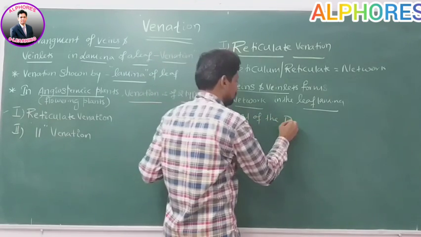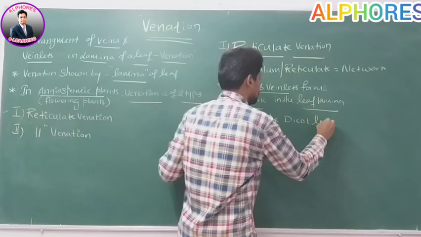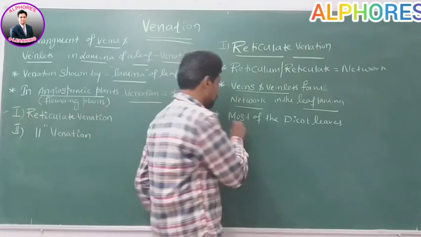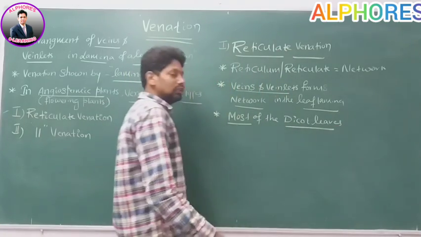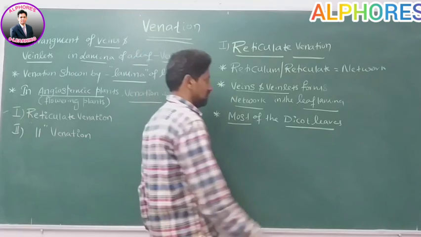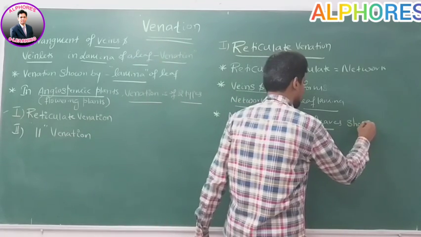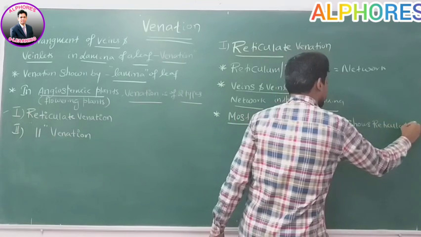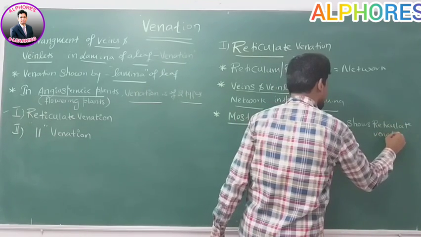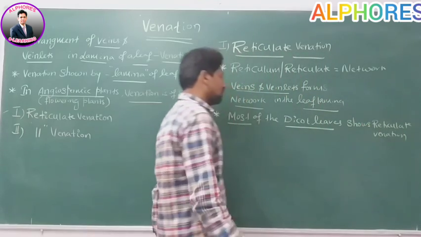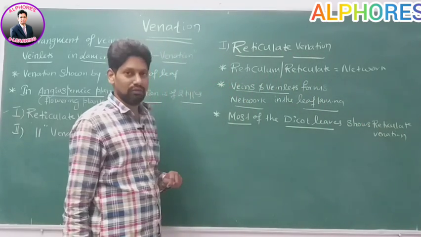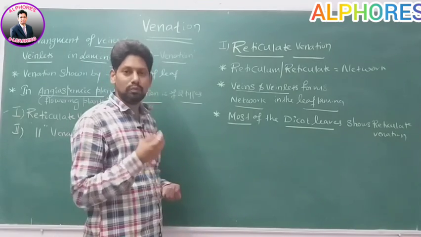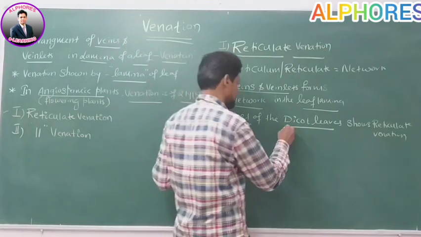Most of the dicot leaves show reticulate venation. Is it okay? Now listen to this statement. Sir, generally dicot leaves are stipulate or exstipulate, sir? Stipulate leaves. Yes or no?